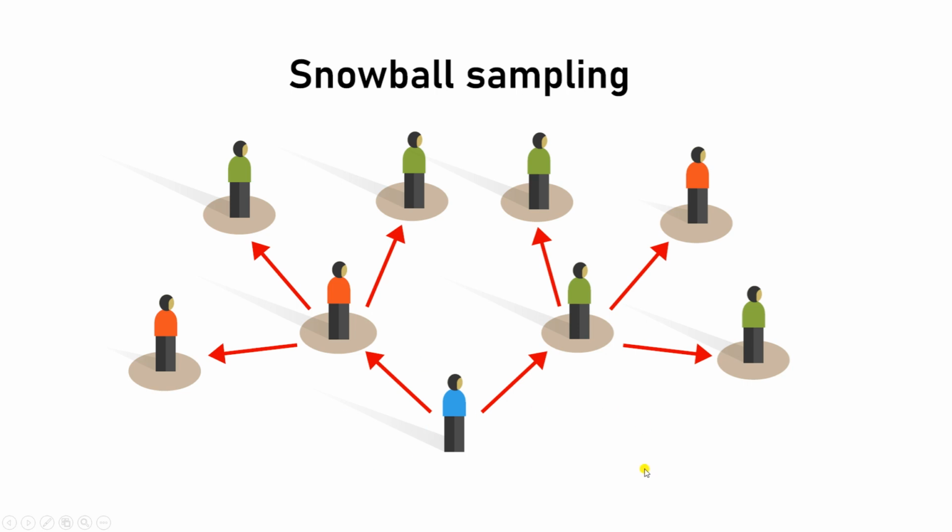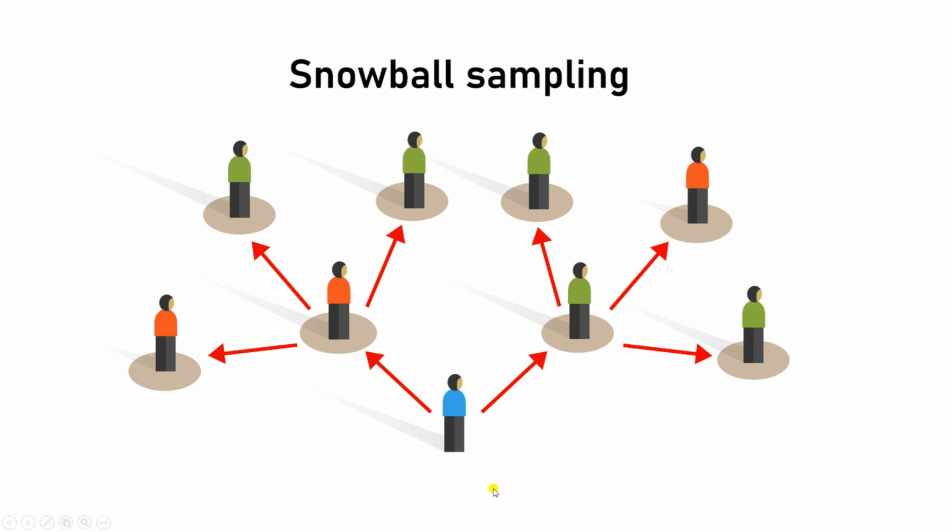Suppose the researcher is trying to find out what is the prevalence of sexually transmitted disease. Okay, so STD is a little bit of a sensitive issue. A lot of people do not want to talk about that, or want to give you information regarding that.